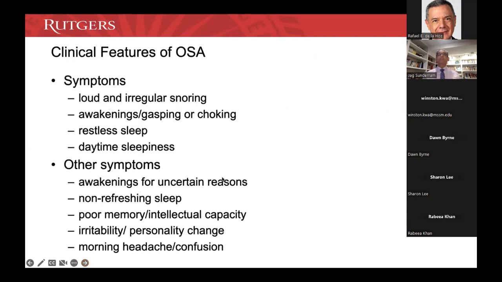patency. Essentially, patients present because of these repeated events of partial or complete obstruction of the airway and effort, with loud and irregular snoring. There's gasping or choking. There's restless sleep. And oftentimes they have daytime sleepiness, although that is not always the case, and we'll talk about that as a phenotypic marker.